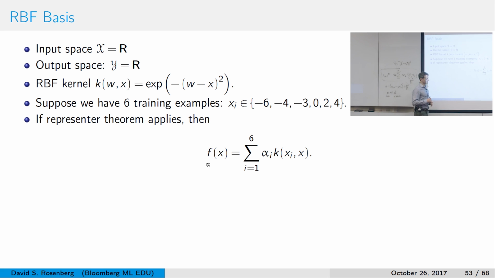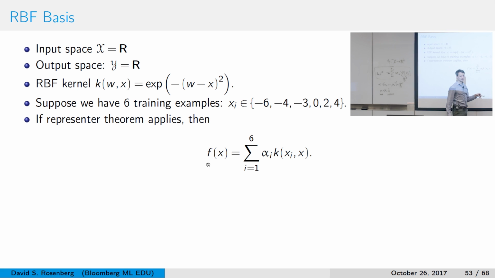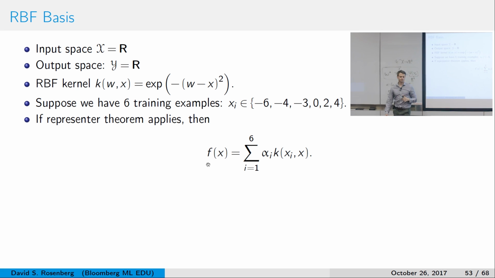So it's like, here's a new point x, and we ask how similar is x to x1, a training point? How similar is it to x2? How similar is it to x3? We get a bunch of numbers, those kernel evaluations, and then we take a weighted average of those similarities.